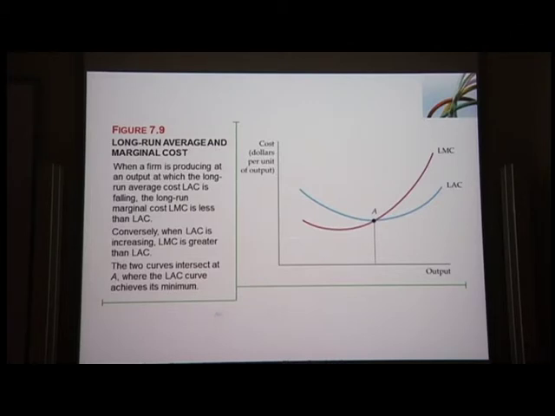So the LMC intersects the LAC at its minimum point, at point A. Now, this we dealt with in the first year as well. And you remember we talked about the average-marginal rule, the relationship between average and marginal curves. And this is just illustrating the average-marginal rule. So you can just revise this.